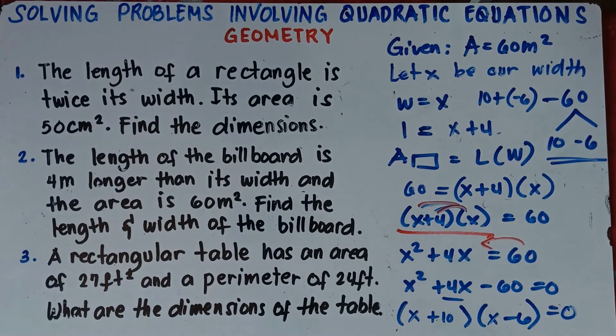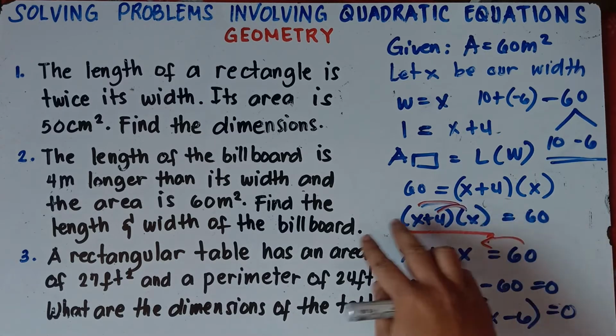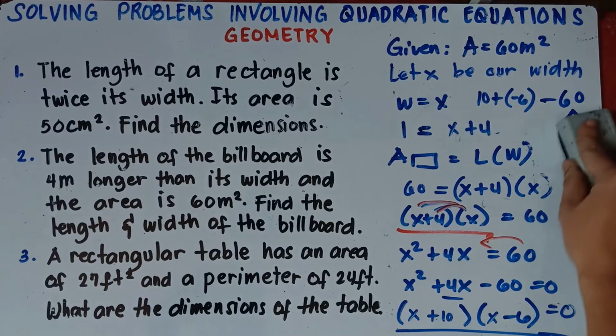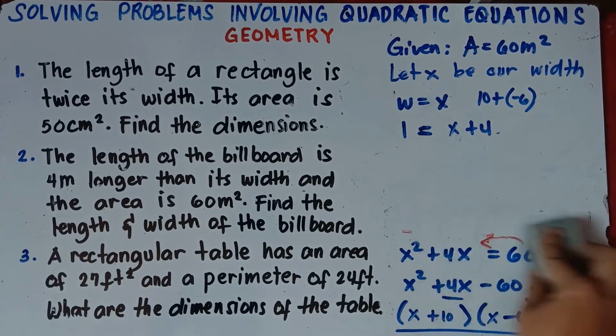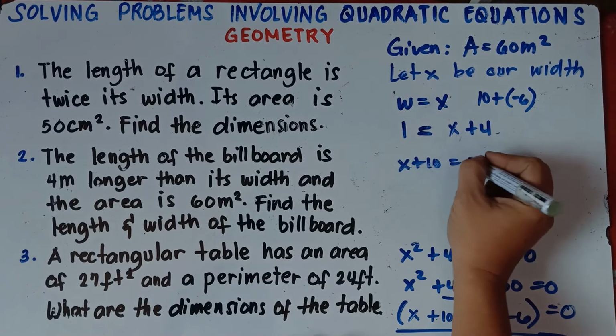Alright, and to get the value of x, you pause the video, class, I will be erasing this part. To get the value of x, you equate this one into 0. I hope you still remember this one, quadratic equation. So x plus 10 equals 0.